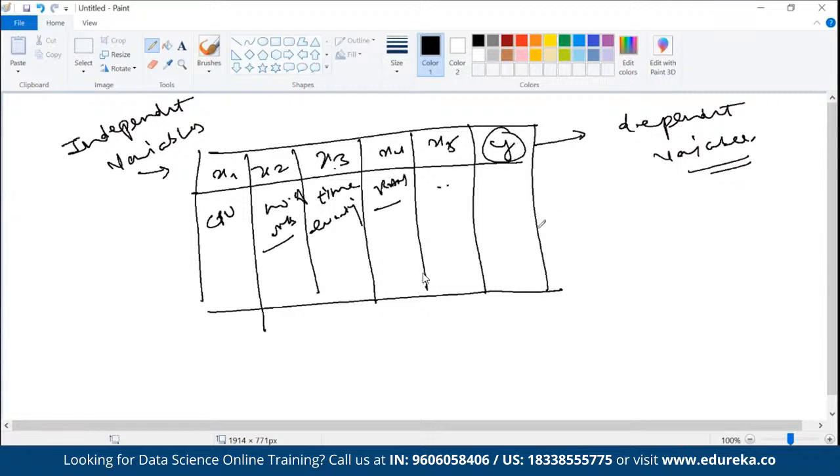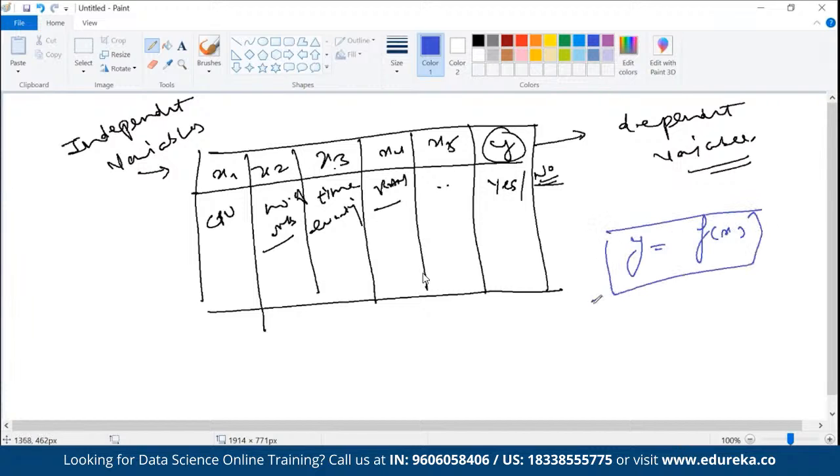This y will tell the probability of how many of these machines will fail. So this y will be giving the output as yes or no. Okay, so this is data science. So guys, what you need to do is find a function like this. You need to understand the relation, that is, how this dependent variable y is related with these independent variables.